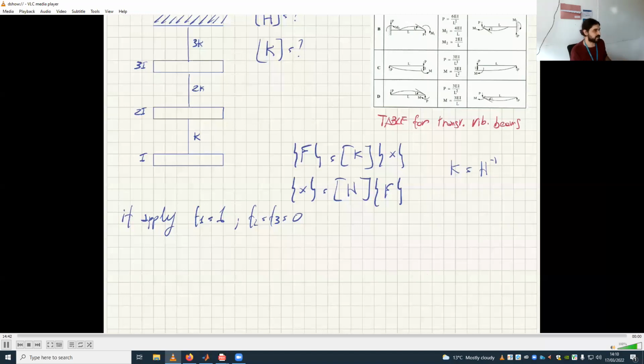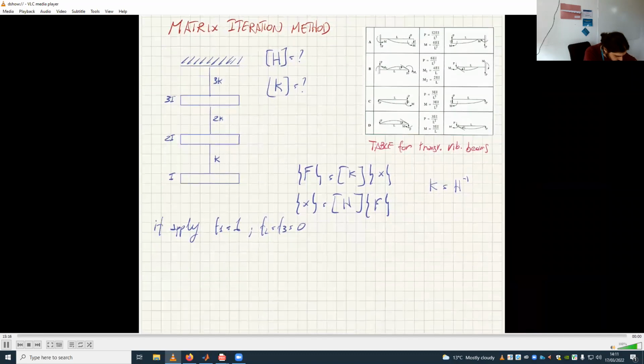Remember, the direct stiffness method is to apply unit displacement and find the set of forces that make those displacements happen. Whereas in this case, we apply unit force and we see what the associated displacements are. This will give us the compliances of the system, and all the compliances give the flexibility matrix, also called the compliance matrix, exactly for the same reason.